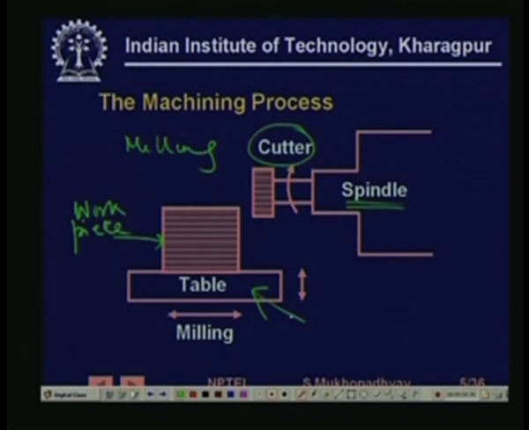It can move this way, that way, and the table can move this way, that way also. So, you can create 2-dimensional motion and the cutter is rotating and steady in one location. So, compared to turning, where the workpiece was rotating, here it is the tool which is rotating. So, it can happen both ways.